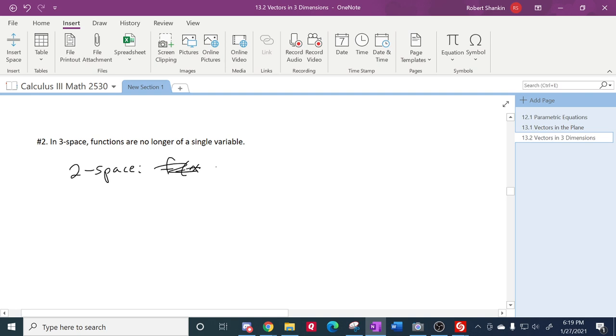Oops. Y equals f of x. In 3 space, our functions will look like this. Z is equal to a function of x and y.